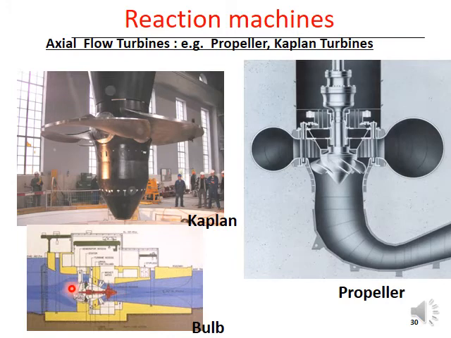The whole unit is submerged and only the electric cables come out from water. So these are called bulb turbines, and they are economical for small hydropower installation under certain conditions.